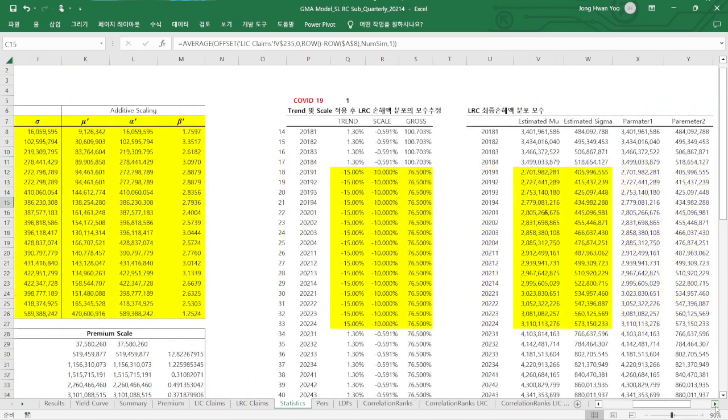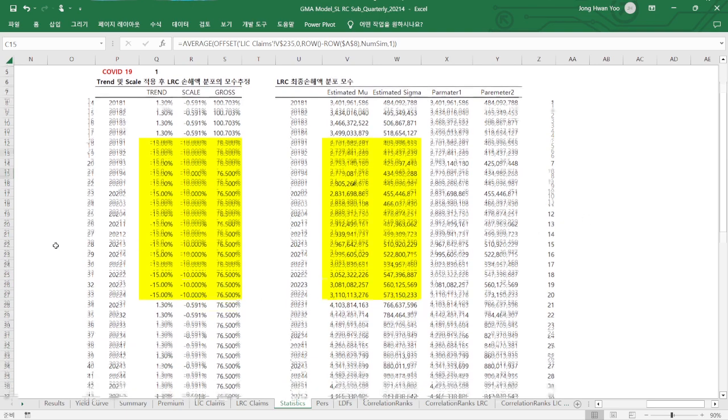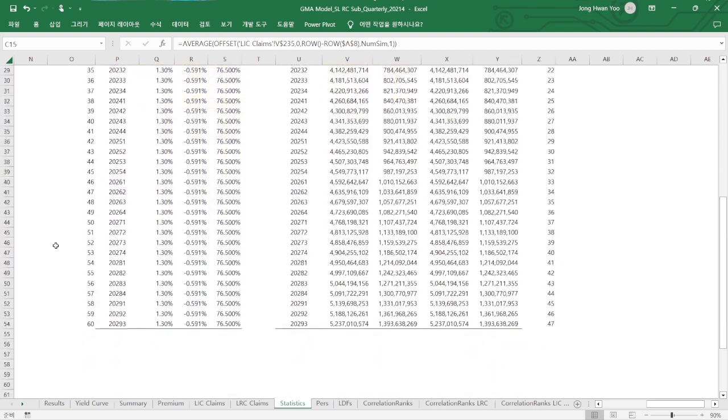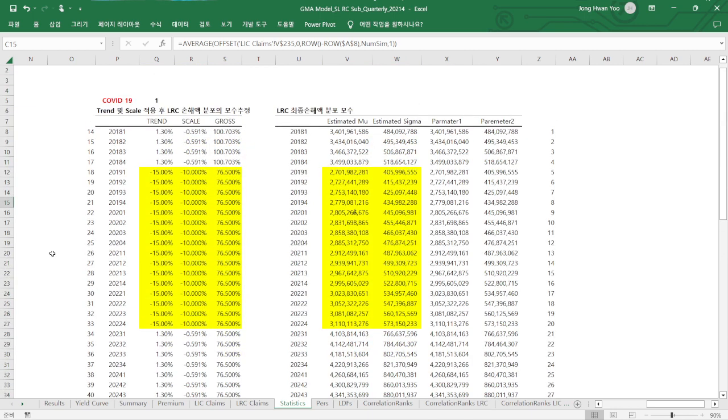Out of there, I apply some adjustment after 2017 fourth quarter, starting from 2018 first quarter. Because I need to generate the future cash outflows all the way up to 2029 third quarter, I need to get estimates of future mu and sigma.